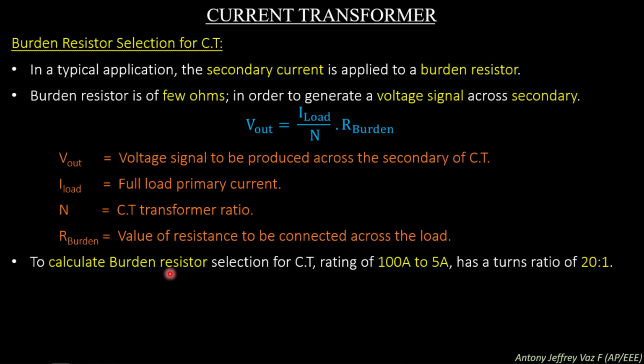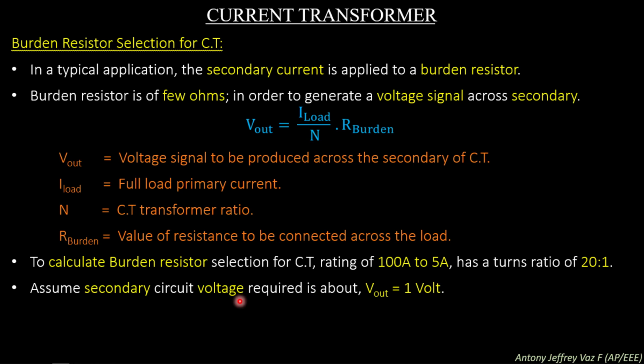So to calculate the burden resistor for a CT rating of 100 amps to 5 amps, which has a turns ratio of 20:1, we need to assume the secondary circuit voltage required, say Vout is equal to 1 volt. Then the burden resistor in ohms will be equal to Vout into turns ratio N divided by the primary load current.